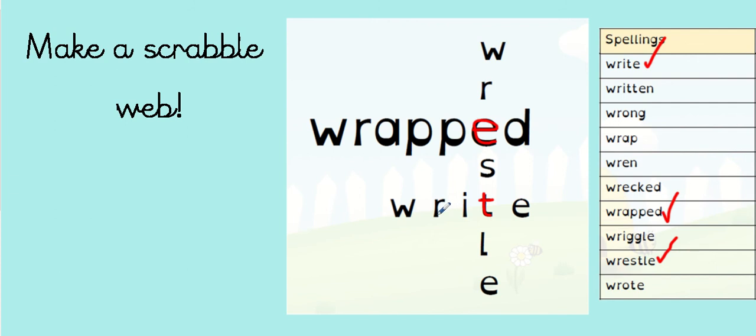Or maybe you could share the R here. You could have R, E, N, couldn't you, to make your Scrabble web a little bit bigger. Okay, so you might need to use an adult to help you for this one, but just have a go and see if you can make that Scrabble web even bigger with these words, and then come back and see how you got on.